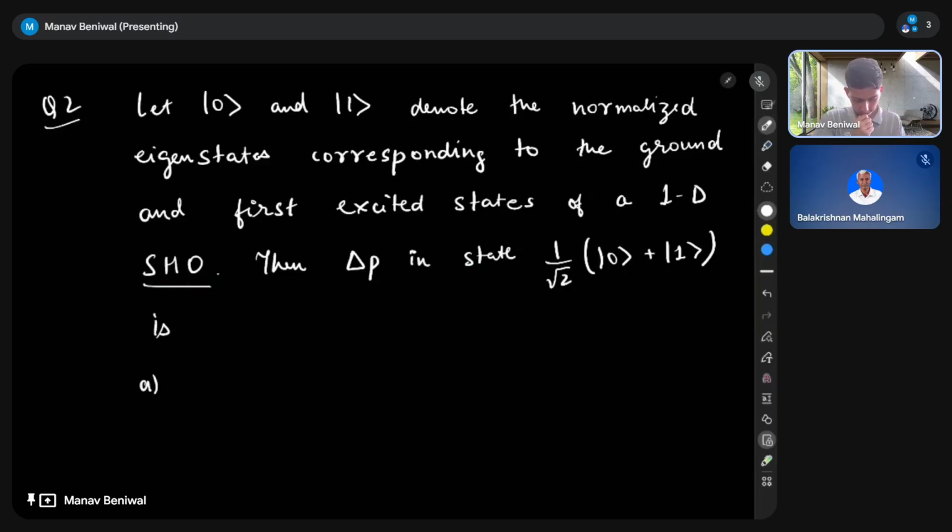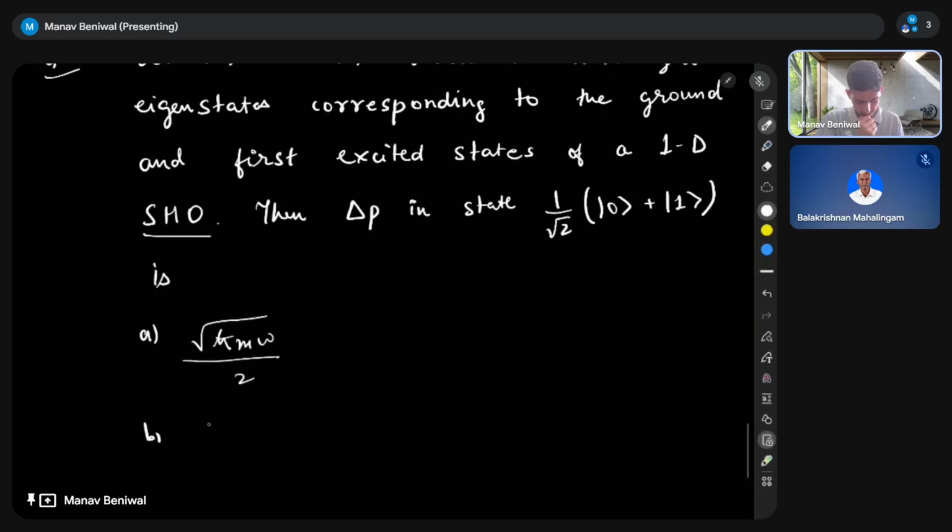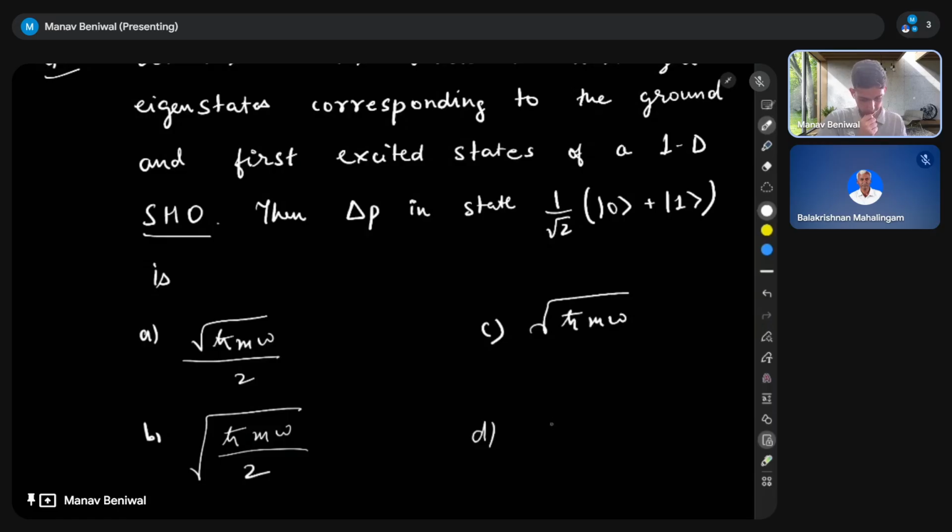So our options are as follows: under root h cut m omega by 2. Option B is under root h cut m omega by 2, under root h cut m omega, and option D is under root 2 h cut m omega.